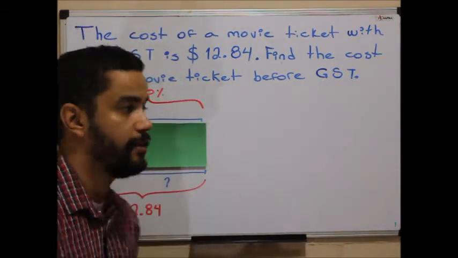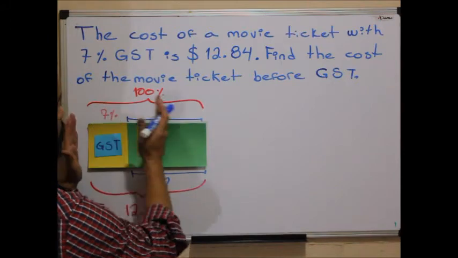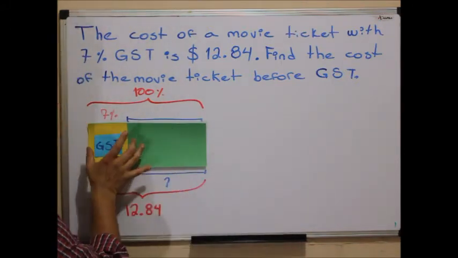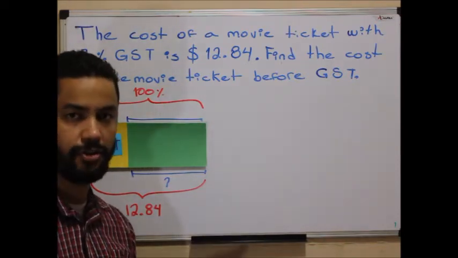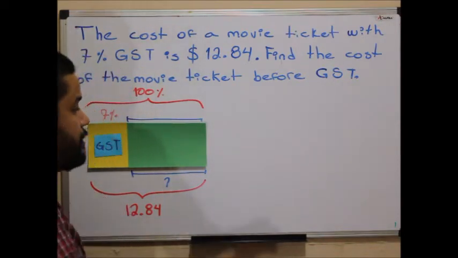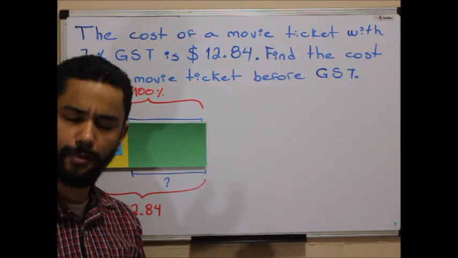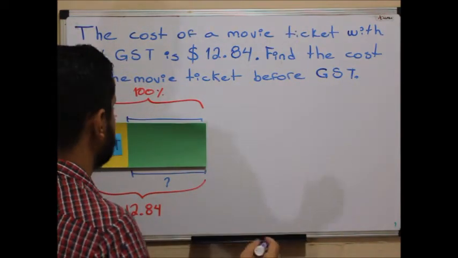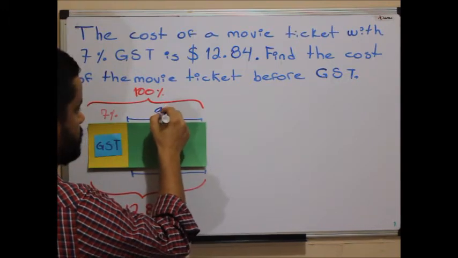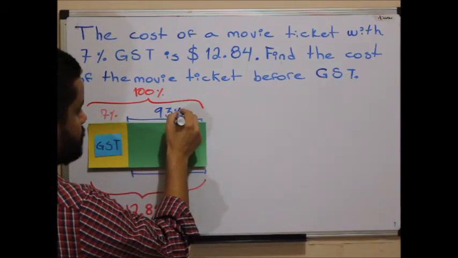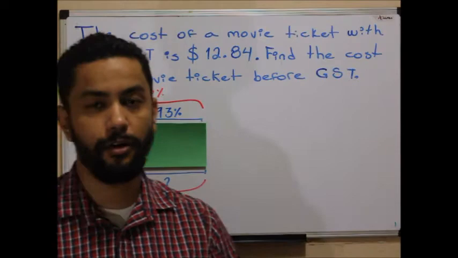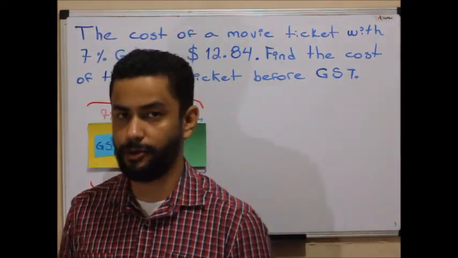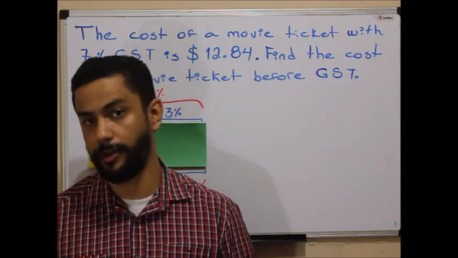So if the whole rectangle is 100%, this small part is the 7%, so the remainder will be what percent? 93%. There you see it. Now we're going to make the same numerical procedure to find that 93% that we need.